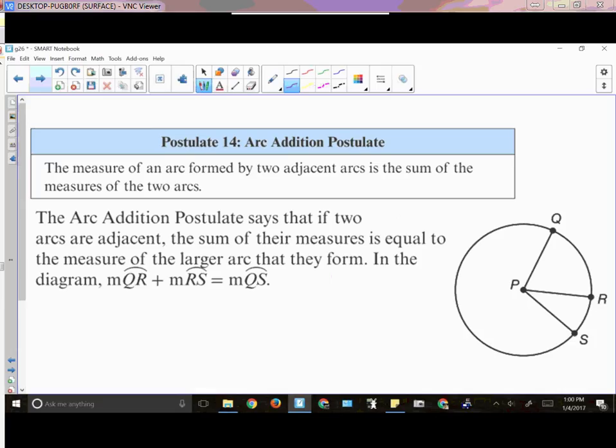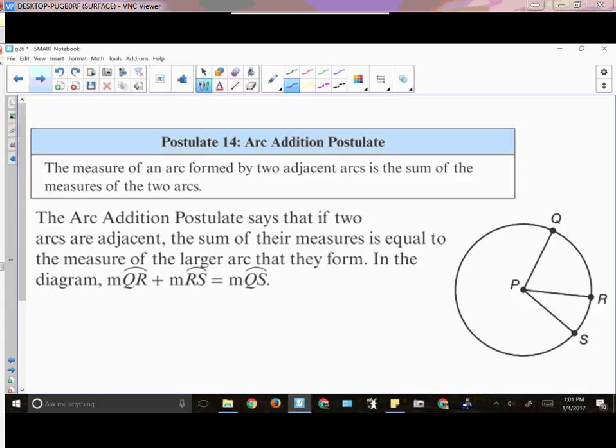Now, we've talked about segment addition. We have talked about angle addition. And if we can add segments together and get a longer segment, if we can add angles together and get a bigger angle, can we add arcs together and get a bigger arc? Most definitely.